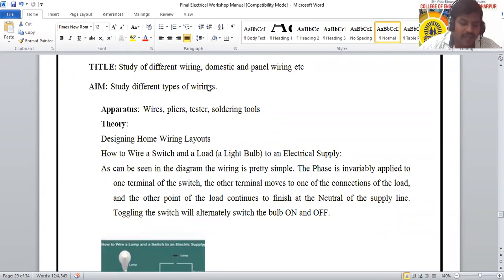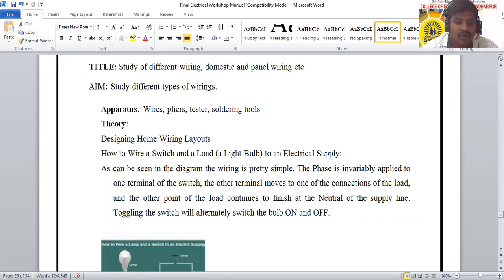Now this is the simple wiring, and we have studied the staircase type of wiring also. Okay, so in staircase type of wiring, we are controlling a single load which is used in the stairs.